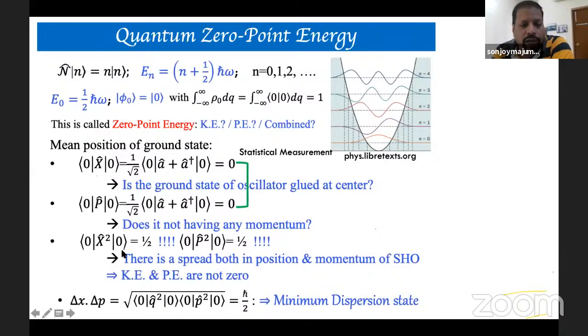Because of this spread, the electron, particle or whatever system inside the potential or harmonic oscillator is allowed to move and have momentum. Because of that you get the minimum uncertainty state, and because of that you get the zero point energy.